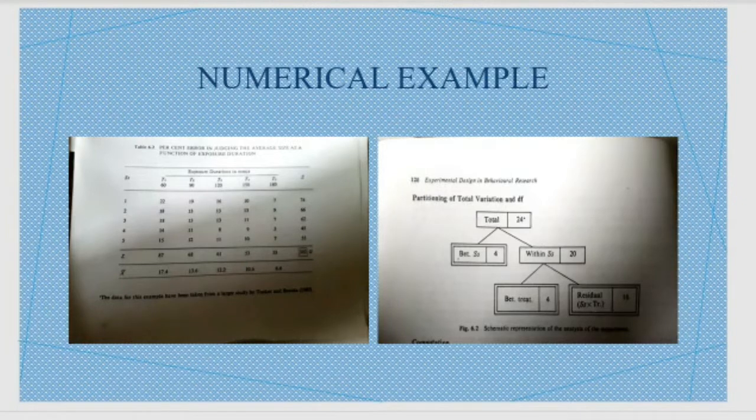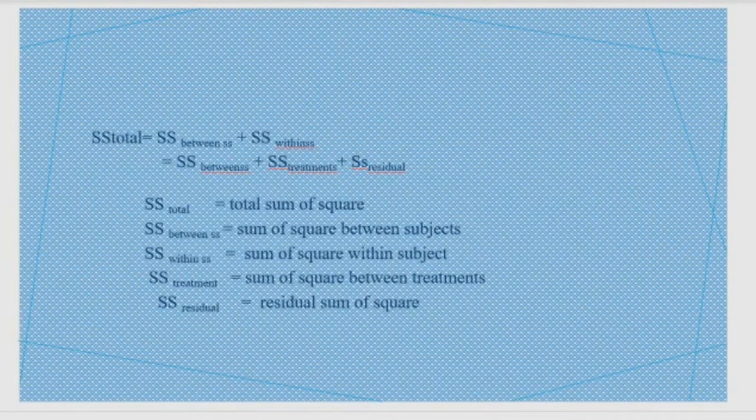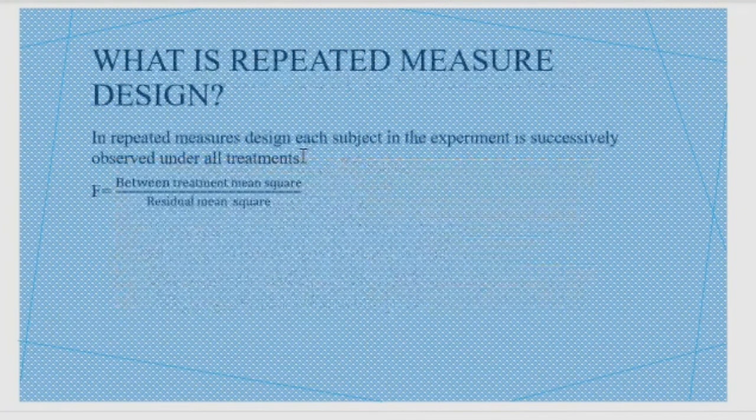So you can see here I have written that total variance is divided into between and within. Within the within group variance there are treatment variance and residual variance. So the formula is between treatment mean square divided by residual mean square.